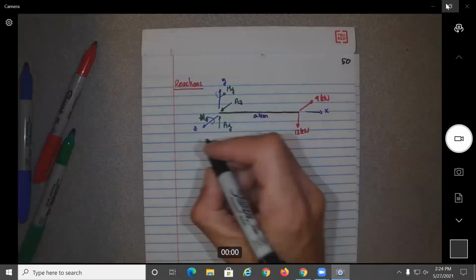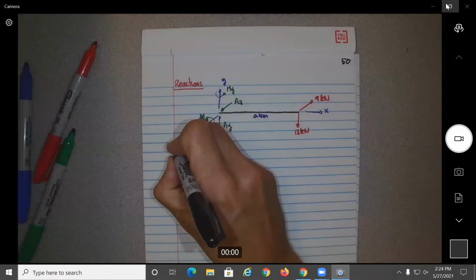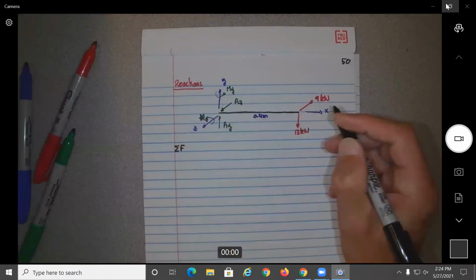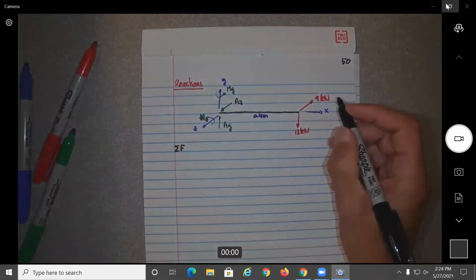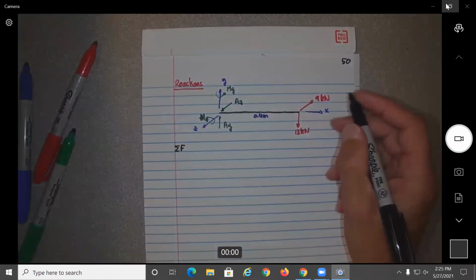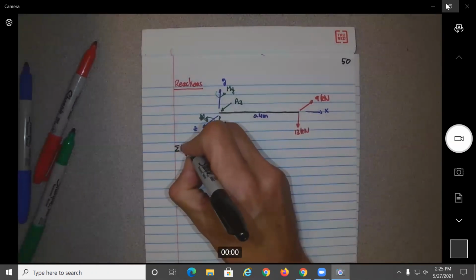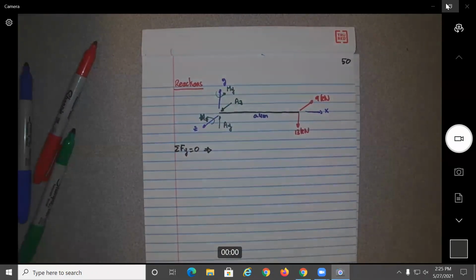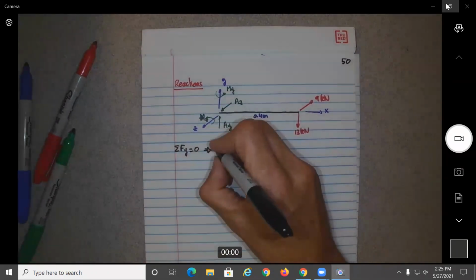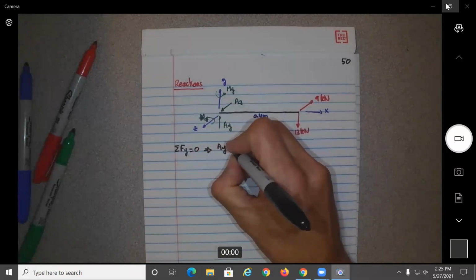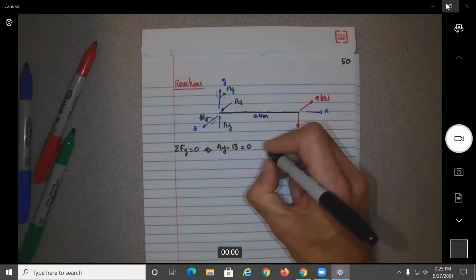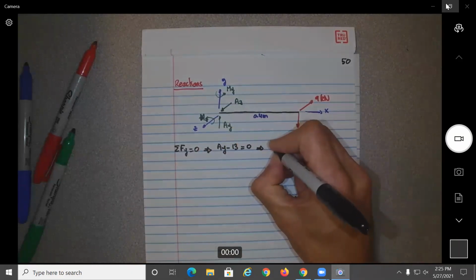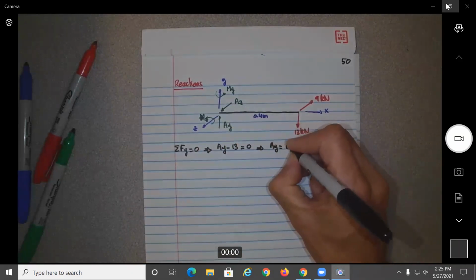So in order to find the reactions, we need to do the summation of forces. We first do the summation of forces on the Y, which will give us AY minus 13 equal to 0, which means that AY will be equal to 13 kilonewtons.